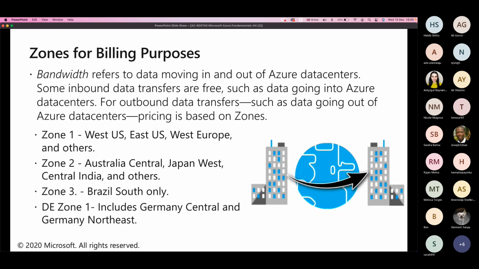So for you to download the data and get it out of the data centers, that costs you. It is free to put data into the cloud, but it's not free to get it out.